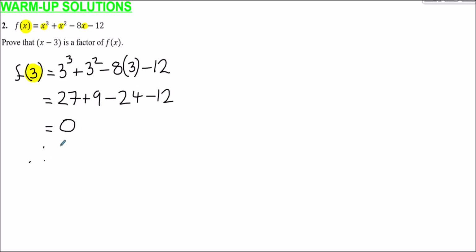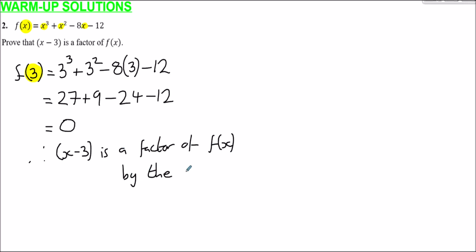So therefore we can say that x minus 3 is a factor of f of x by the factor theorem. In brackets, this strictly speaking isn't needed to say by the factor theorem, but I'm just showing you that's what we've used to prove it. But it's implied in this working up to this step.